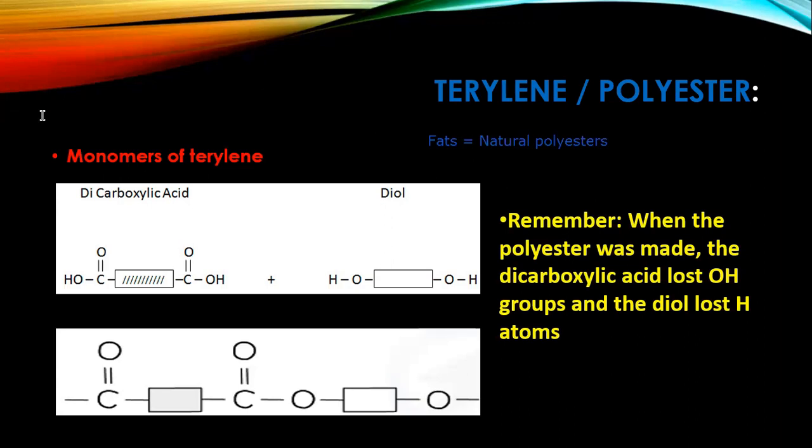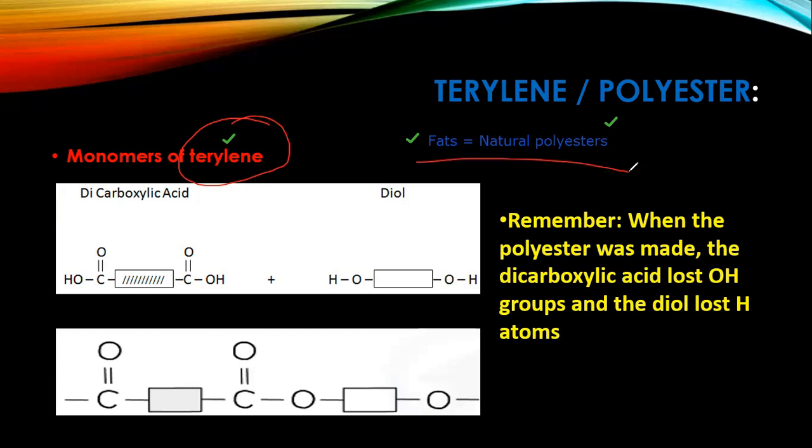Again, the difference between fats and terylene, apart from the fact that they both are polyesters and have the same linkage: apart from this similarity, there is a difference between them. Because terylene is man-made, it is non-biodegradable.